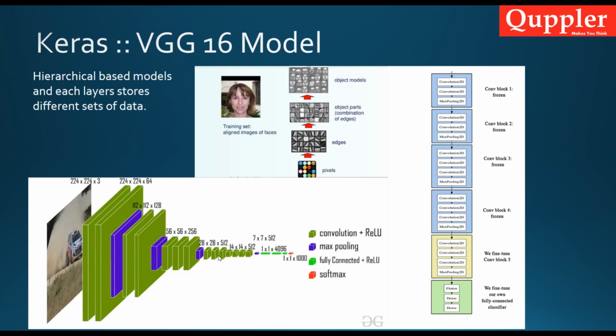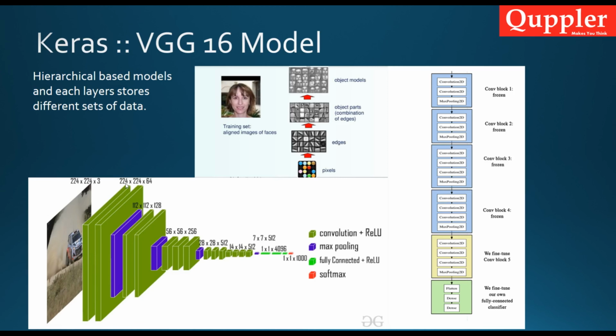These are the fully connected neural network layers. The blue things you are seeing here, we call max pooling. Once max pooling is done in the convolutional neural network, it changes the dimension. So it got reduced in dimension. Let's say about 224 cross 224 cross 64 becomes 112 cross 112 cross 128.